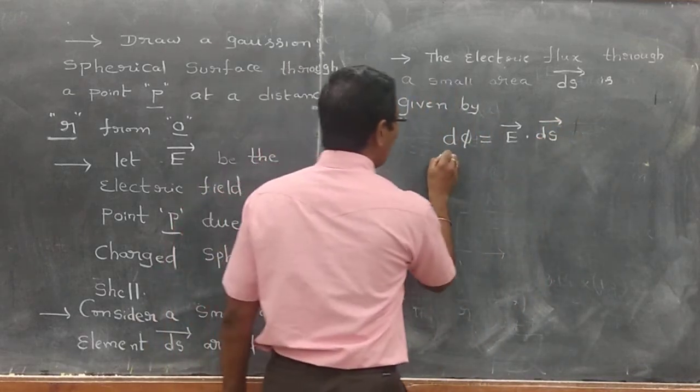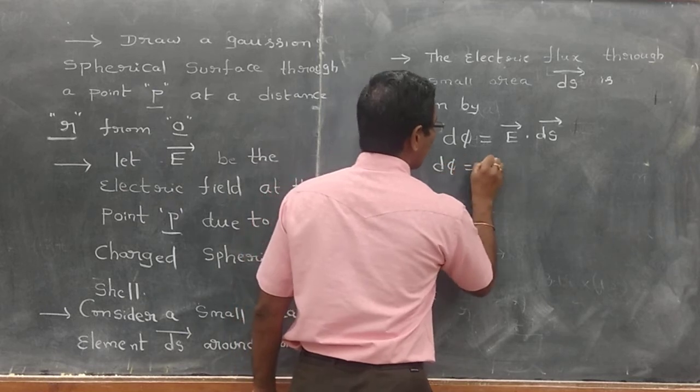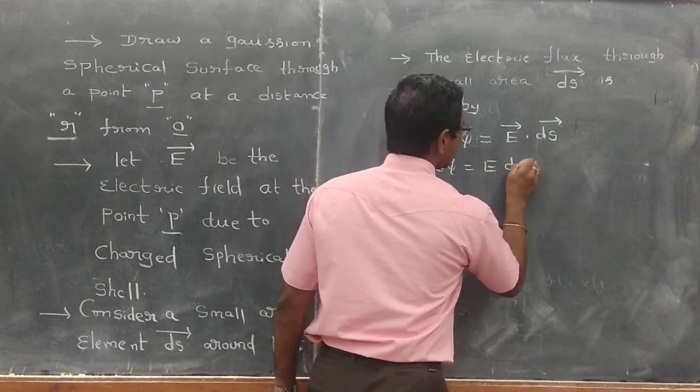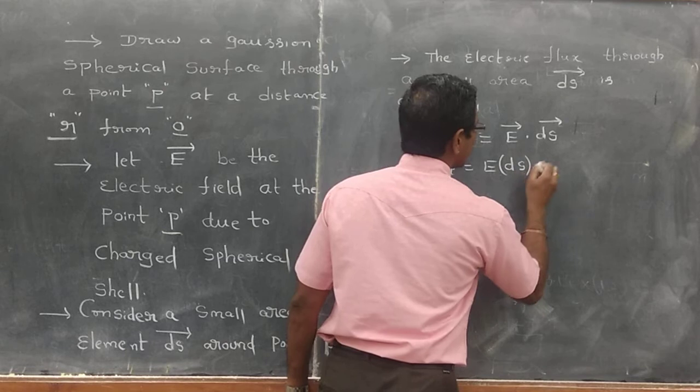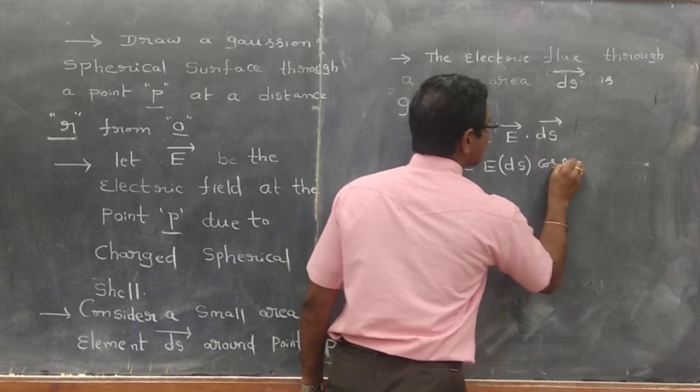Okay. Now d phi is equal to E ds cos theta.